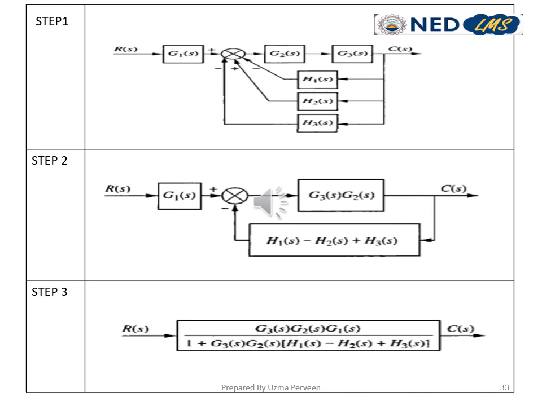And then we have simplified the loop G2, G3 and feedback path H1 minus H2 plus H3, and then it is in cascade with G1. And then in the next step we find the open loop transfer function C upon R as given in the diagram.